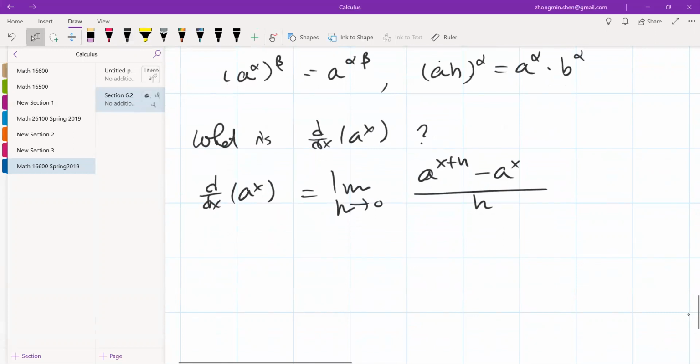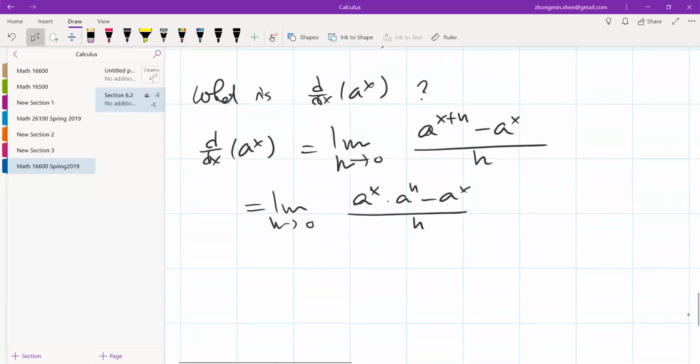Okay. I modify this limit. So I get a to the x plus h is a to the x times a to the h, minus a to the x. I can take the a to the x out. Okay, a to the x out. So it'll be a to the x times this limit, if I can find this limit.